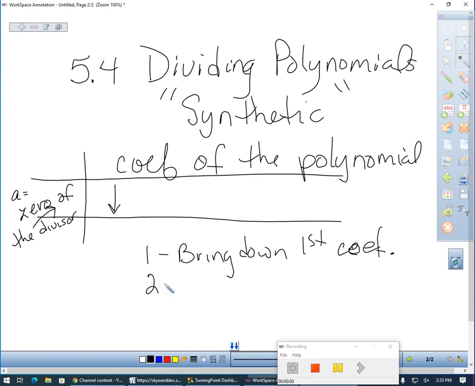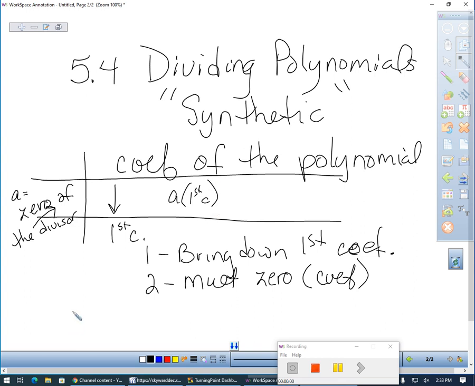So step 2, we multiply the zero by the first coefficient, and we put it here. So A times the first coefficient goes here.